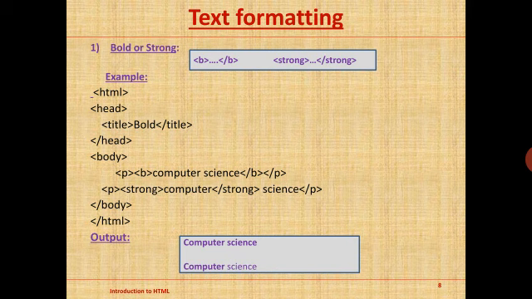Similarly, in the second paragraph, the text computer is written between the tags strong, which means that the word computer is visually bold. Also, it is a meaningful word in this section.